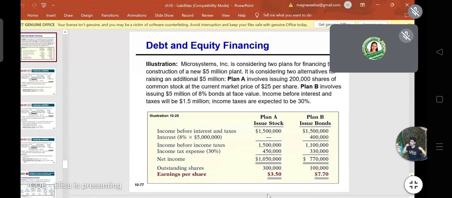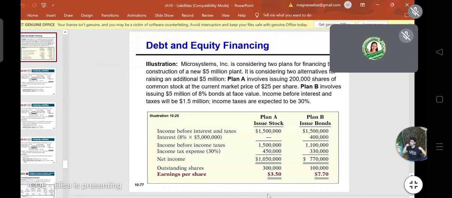Plan A is to issue an additional 200,000 shares of common stock at a current price of 25 per share. So 200 times 25 will give rise to 5 million additional funding. Or they issue bonds, but they have to pay interest of 8%.